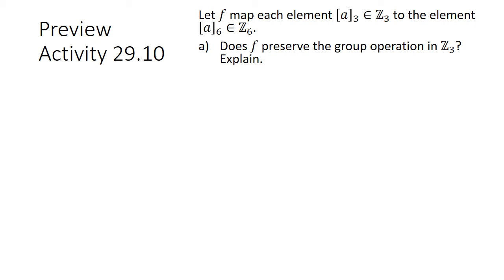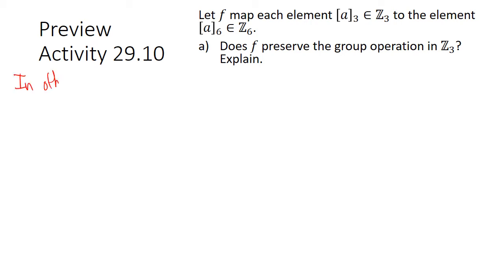Okay, let's go over this. So let f map each element a mod 3 in Z mod 3 to the element a mod 6 in Z mod 6. So does f preserve the group operation in Z3? Explain. Okay, so what they're really asking is the following.